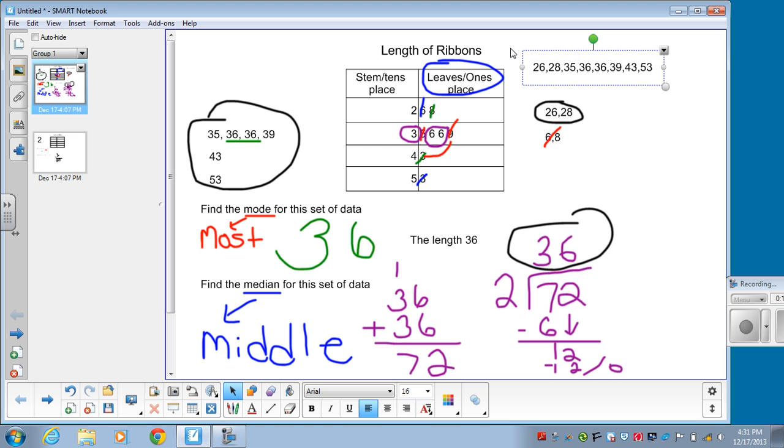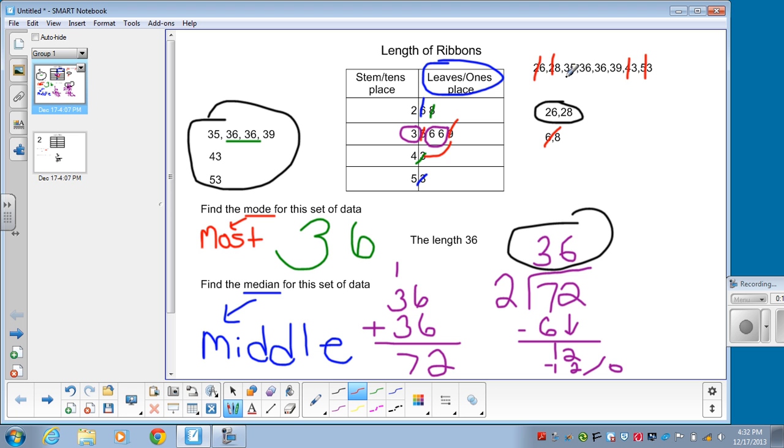And do the same thing like you did with the stem and leaf plot. You cross off one from the left and one from the right, and keep going until you get in the middle. Keep crossing off and you get the same answer. 2 numbers in the middle. And then you do what we did before. I hope this was able to help you.